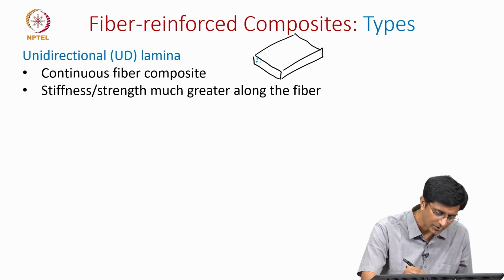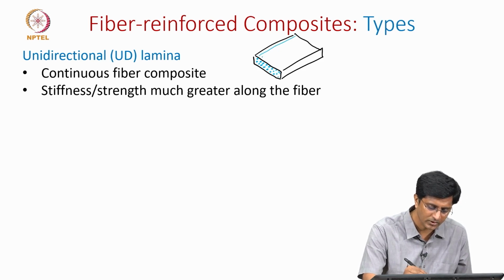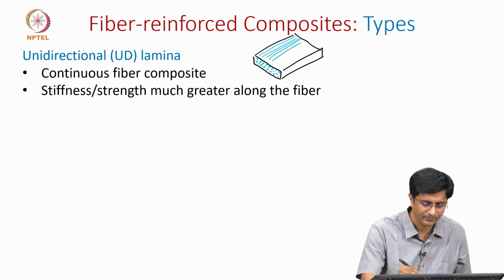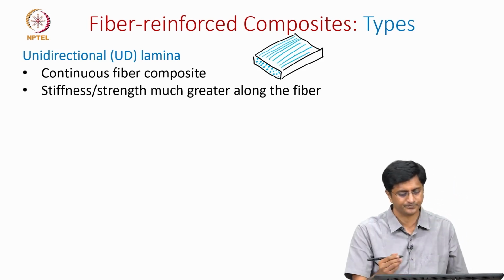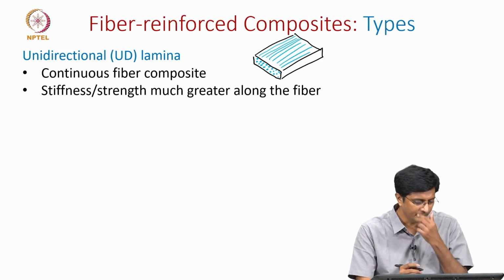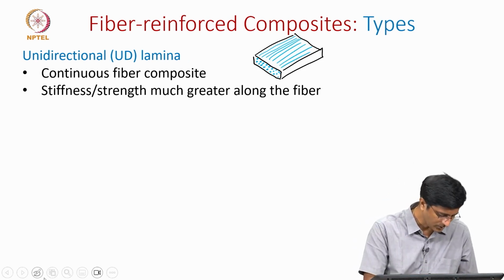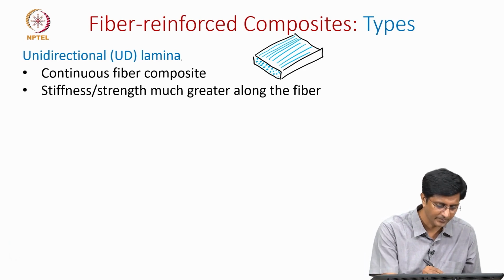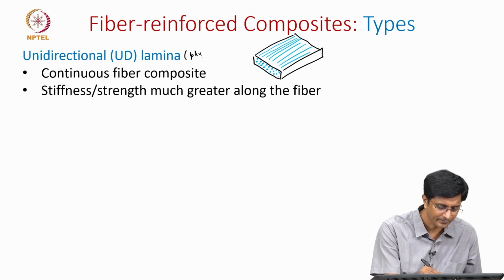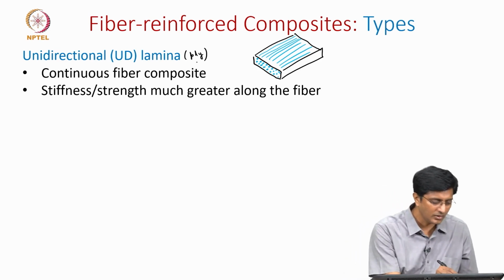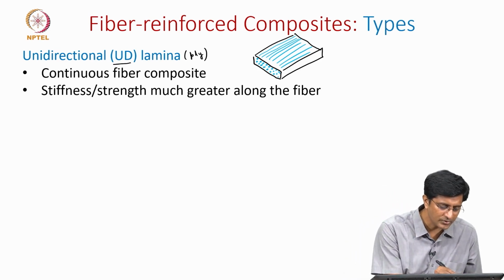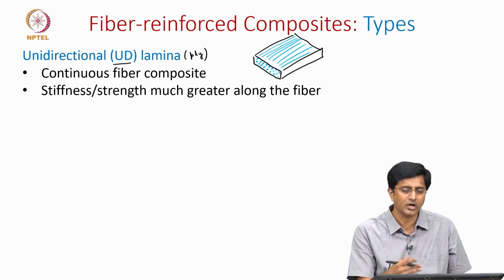Let us say this is the cross section of the fibers we are looking at, and these are all along the length. Sometimes lamina is also called a ply, and unidirectional, in short, we are calling it UD. Later in the course we will come back and use this more often.